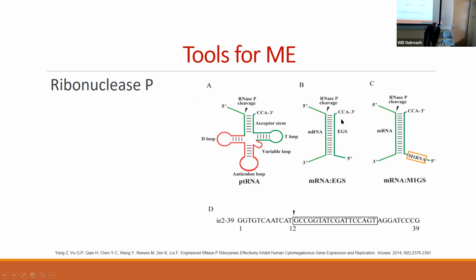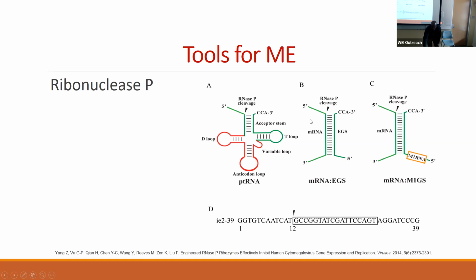Nobel Prize showed that if you design a guide sequence, just as in the CRISPR gene engineering method I talked about, if you design a guide RNA that is complementary to any mRNA, in this case, not your transfer RNA, that will bind to a particular section here, and you have a 3' CCA attached to the end of it, ribonuclease P will also chop that particular mRNA.